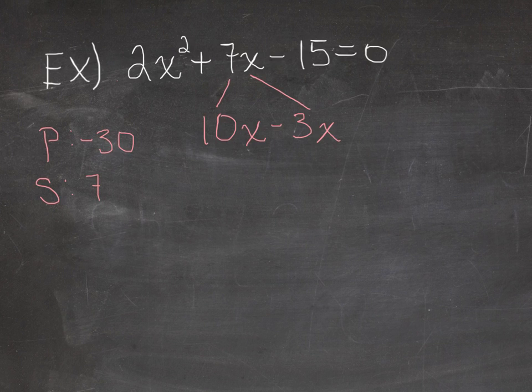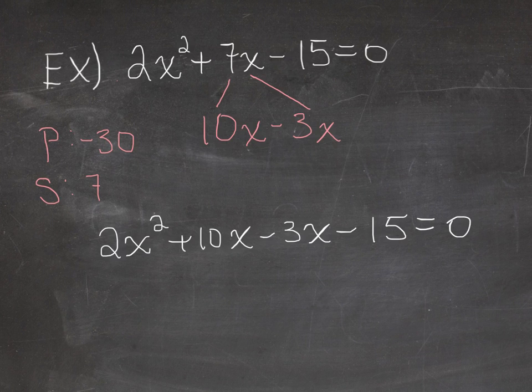So you know 10x minus 3x is still 7x. I haven't really changed anything. I've just changed the way that it looks. So now I rewrite my quadratic equation as 2x squared plus 10x minus 3x minus 15 is equal to 0.